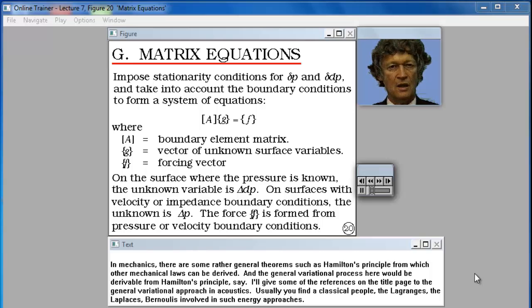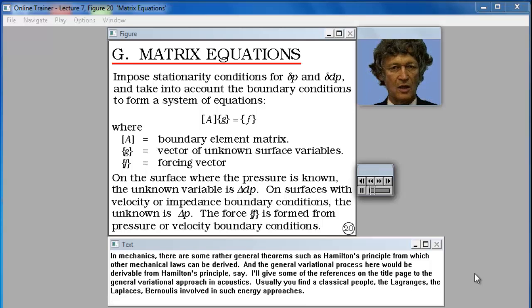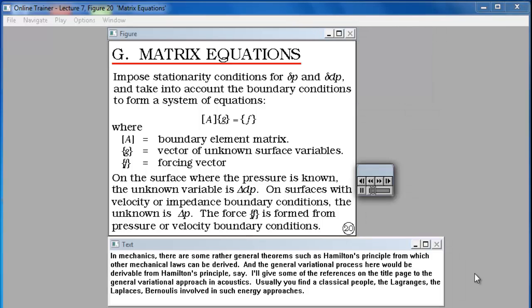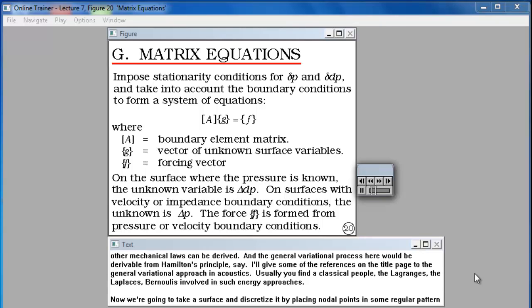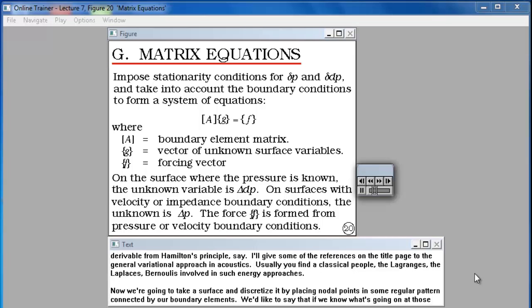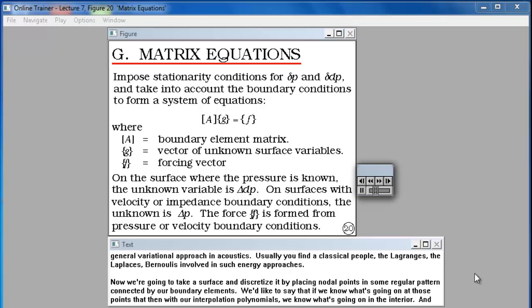And the general variational process here would be derivable from Hamilton's principle, say. I'll give some of the references on the title page to the general variational approach in acoustics. Usually you find classical people, the Lagranges, the Laplaces, Bernoullis involved in such energy approaches.